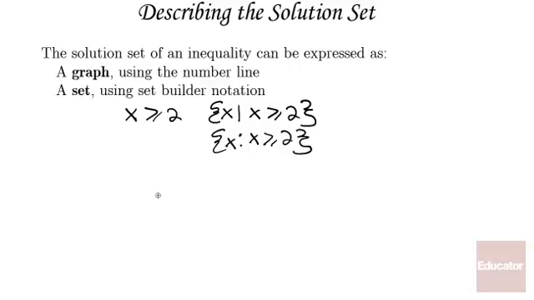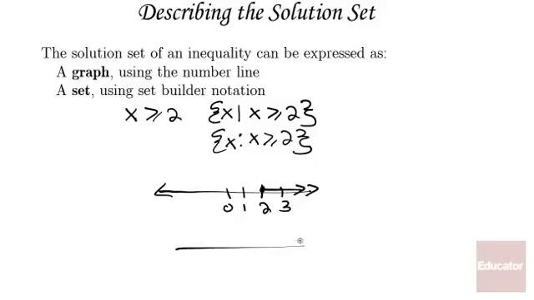You can also express it as a graph on the number line. Remember that if you're saying greater than or equal to, you're including the number 2 in the solution set. So in that case, you would want to use a closed circle and then continue on to the right.